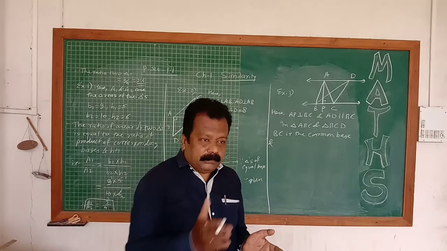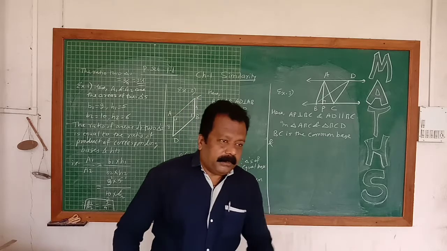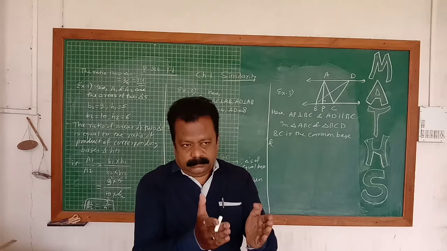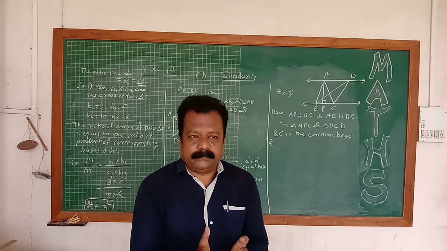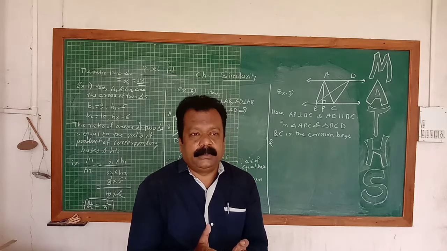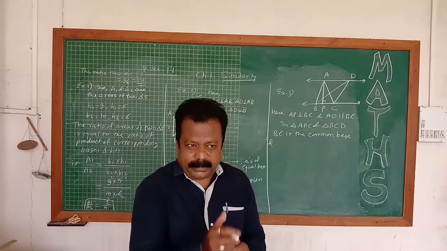The example is the bars of windows. In the classroom there are windows. The bars of windows are a powerful example of parallel lines. The perpendicular distance between them is the same everywhere.